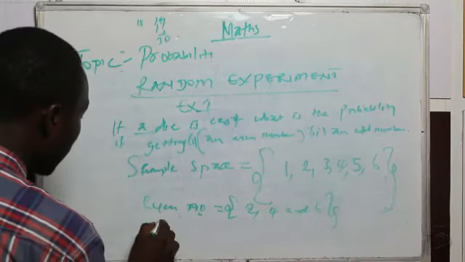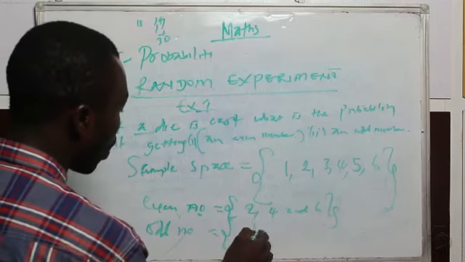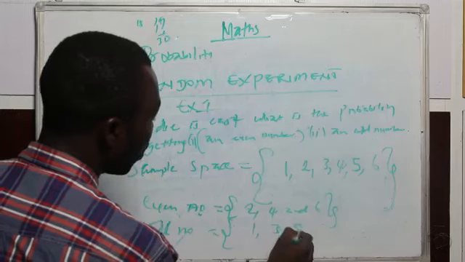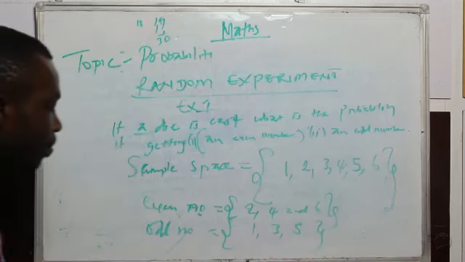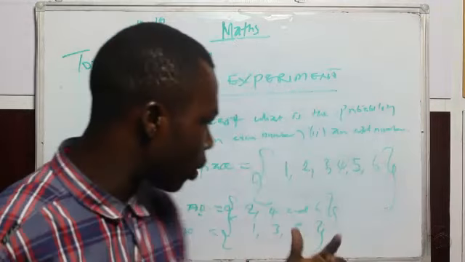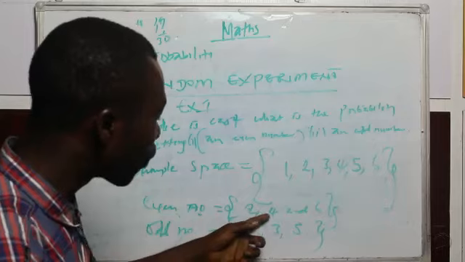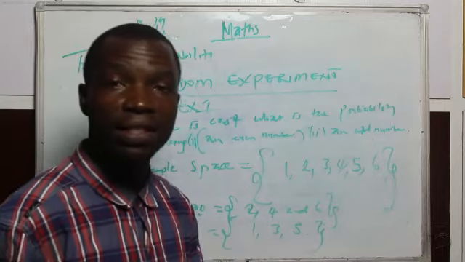The odd numbers in this aspect are 1, 3, and 5. This is the number of required outcomes for the odd number, and this is the number of required outcomes for the even number. So the question is very easy.